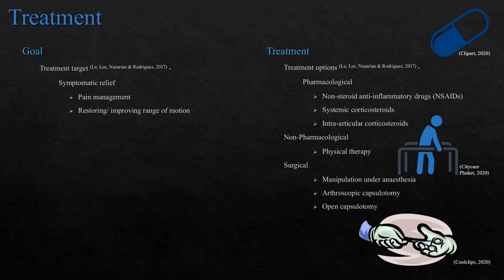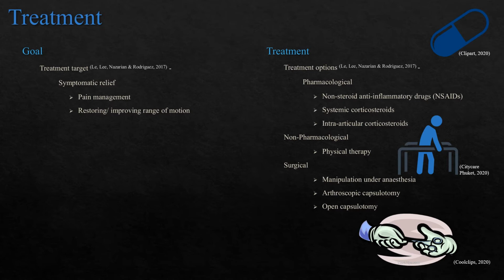Treatment is often targeted towards symptomatic relief, whether that be pain management or improving shoulder range of motion in all planes. There are several non-operative treatment approaches available, ranging from pharmacological, such as NSAIDs and corticosteroids, to non-pharmacological, such as physical therapy.